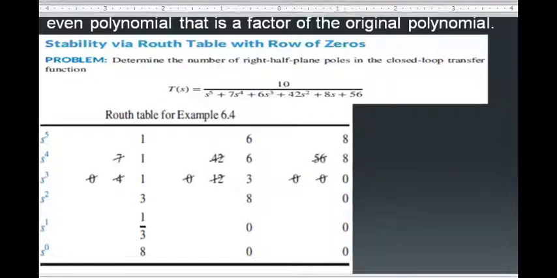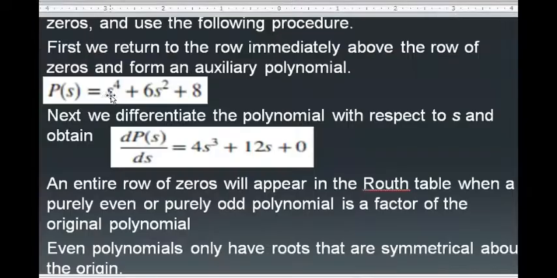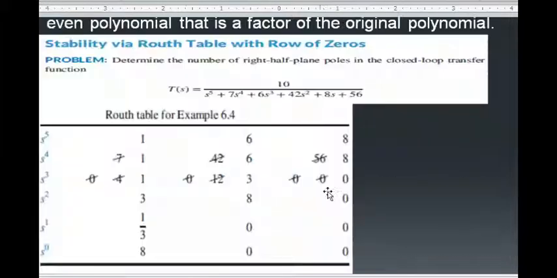So the polynomial here is S4 plus 6S2 plus 8. Did you get that or not? When a row becomes 0, you just go one step above, the row immediately above it, in this case S4, and you write the polynomial for it.